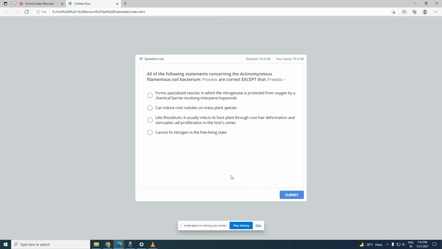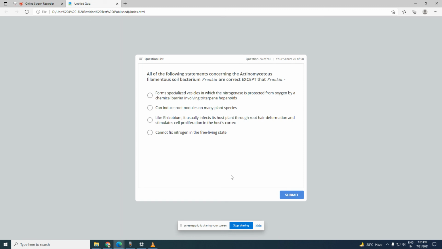The next question is, all of the following statements concerning the actinomycetous filamentous soil bacterium Frankia are correct, except that the Frankia forms specialized vesicles in which the nitrogenase is protected from the oxygen by a chemical barrier involving triterpene hopanoids.